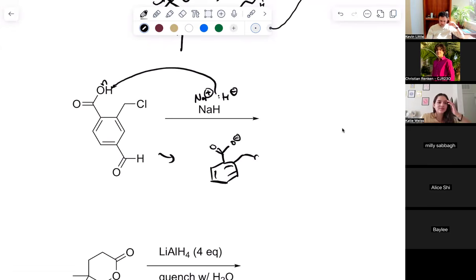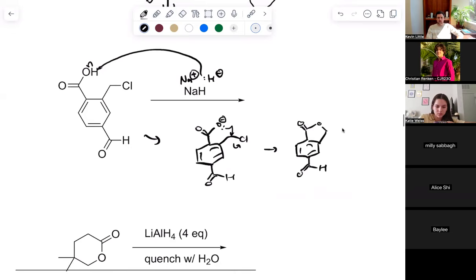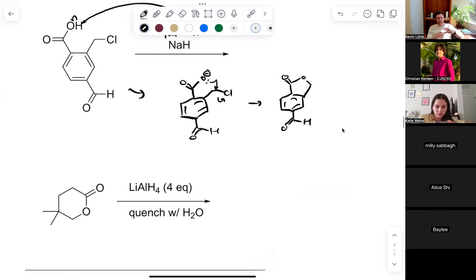Once it's deprotonated, I see pretty clearly that there's an electrophile right next to it that it can attack. So this is really mainly getting you to see that this carboxylic acid can be nucleophilic in basic conditions.